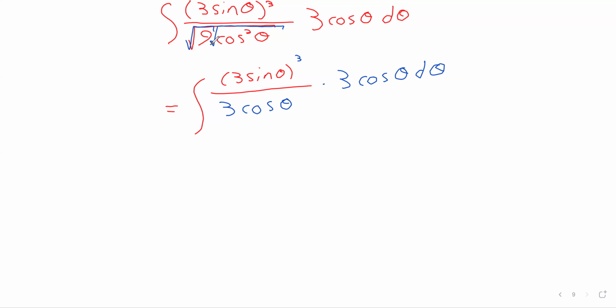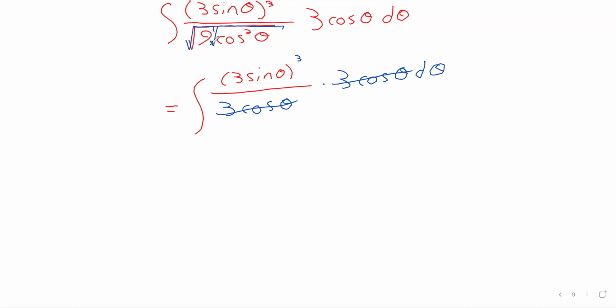But as for what happens next, well, it's perfectly possible that we wind up with an integral that we can't take. But in this particular case, that is not the case. We have cancellation here.